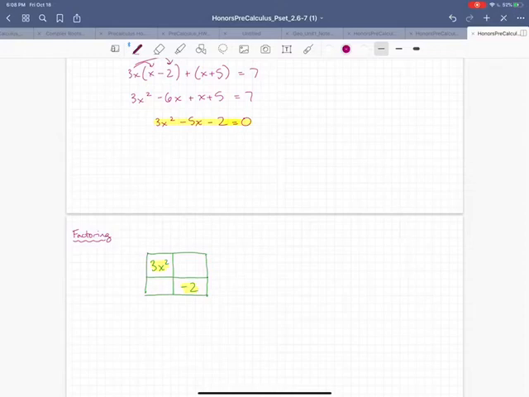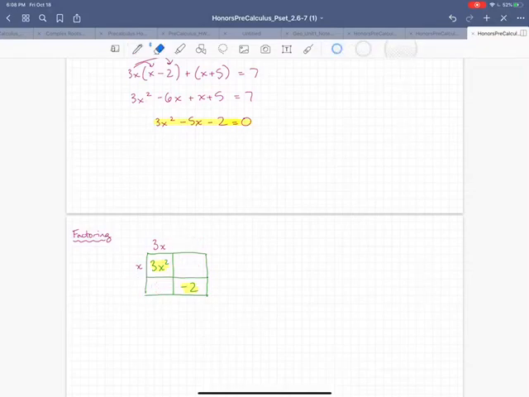So we know that we want two factors that multiply to give us a quadratic term of 3x squared and a constant of negative 2. So we know that this is going to be 3x and x, and then we know we need to have two numbers here and here that multiply to negative 2 and then give us linear terms that add to negative 5x.